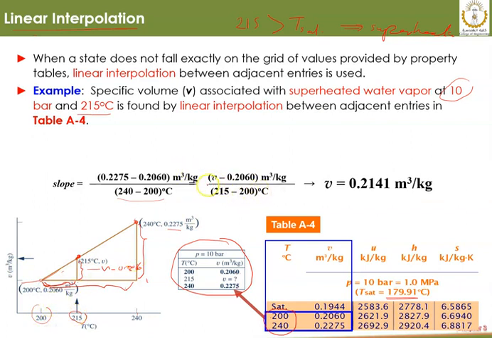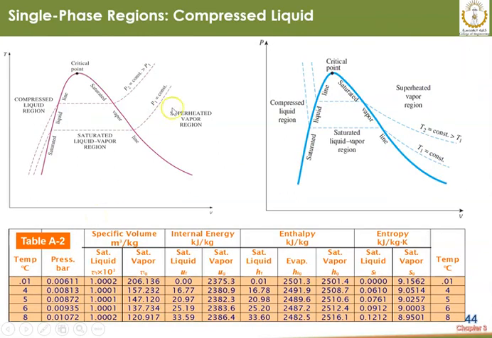So these are equal, and then we cross-multiply and find the value of V. So it's simple linear interpolation, and I advise you to practice this. So we are done with that. Now in the next part we'll talk about using compressed liquid.